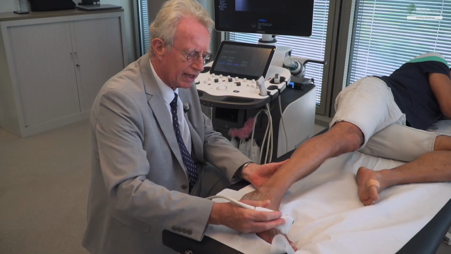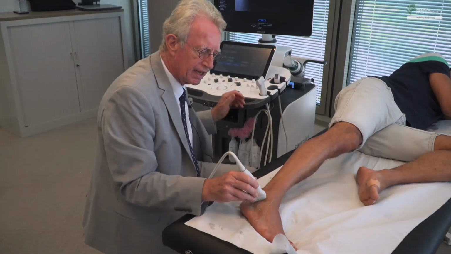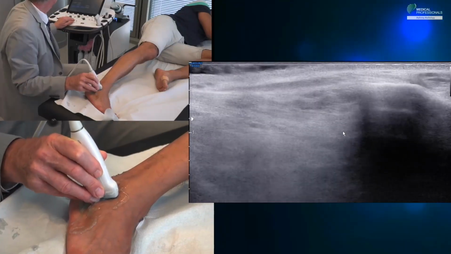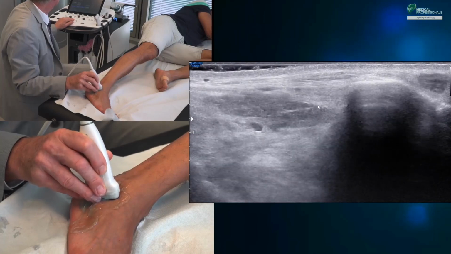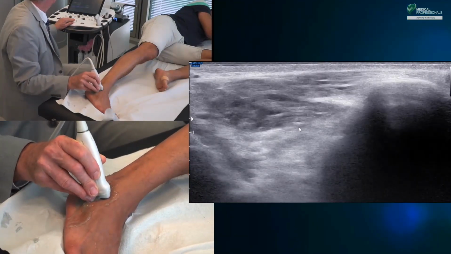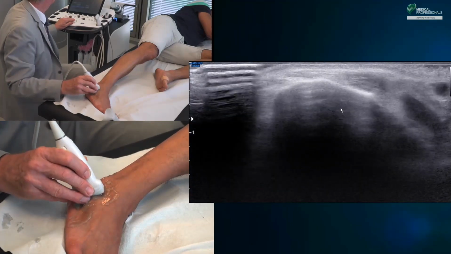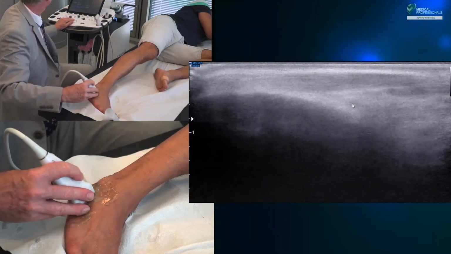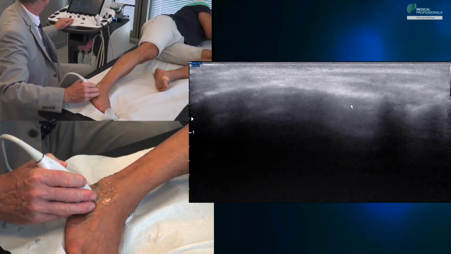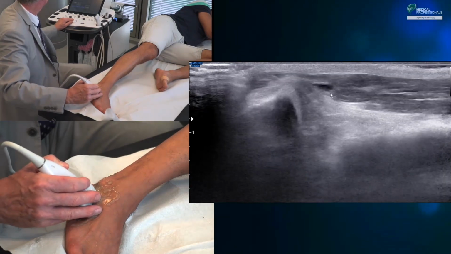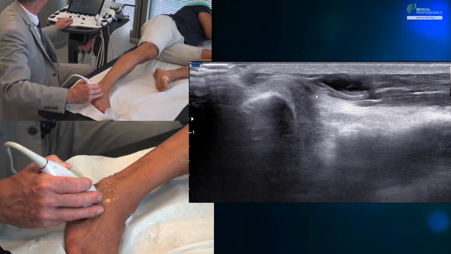But let's not forget that the tarsal sinus is very well studied and that a sagittal section within the sinus allows us to see the roots of the extensor retinaculum. It allows us to see the talocalcaneal ligaments, and it allows us to see the bifurcate ligament at its attachment to the calcaneal rostrum during the short part analysis, as here, at the point of its attachment to the calcaneus.